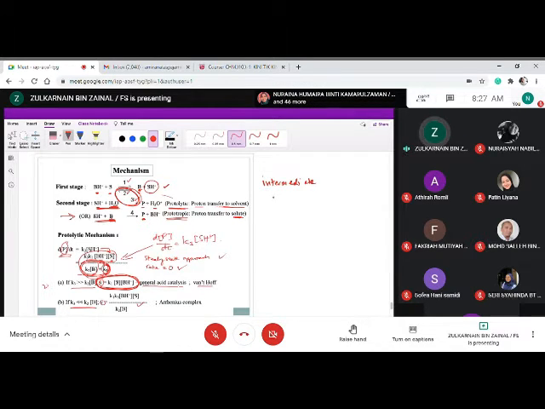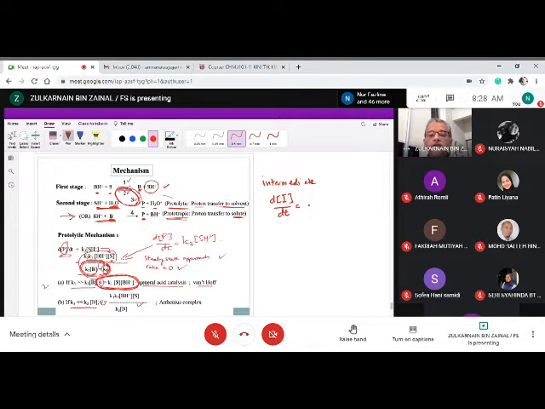Of course, we know that the rate of formation of the intermediate, according to the steady state approach, should be 0, right? So that one everybody knows. In this case, we know that SH plus is the intermediate, meaning that the rate of formation of SH plus should be 0.